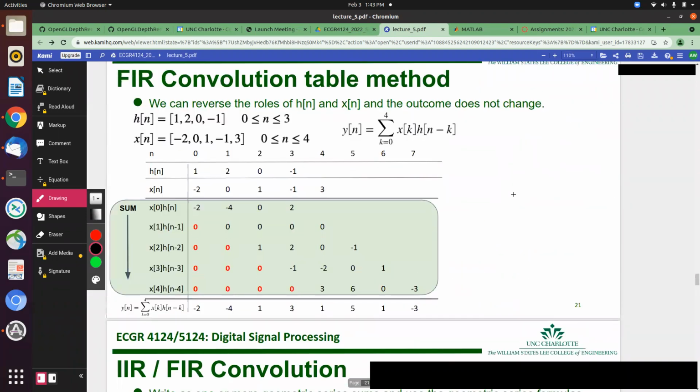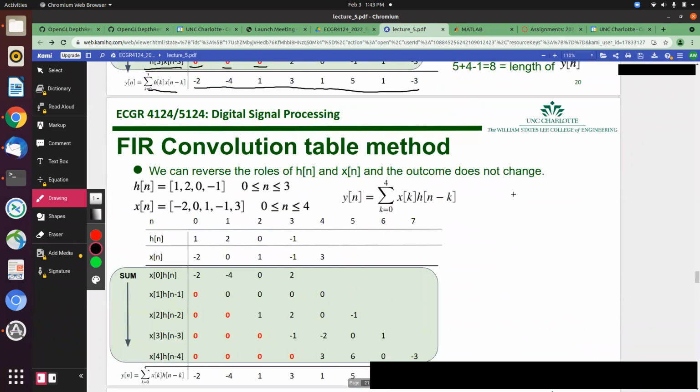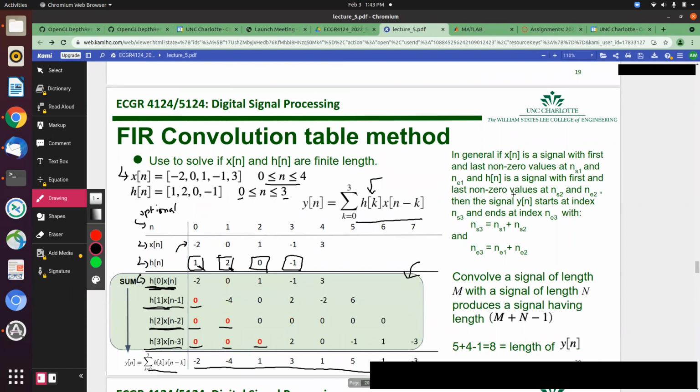But you cannot use that here. This is for FIR, FIR, and we notice that both x and h are finite length. Only in that context can you use this.